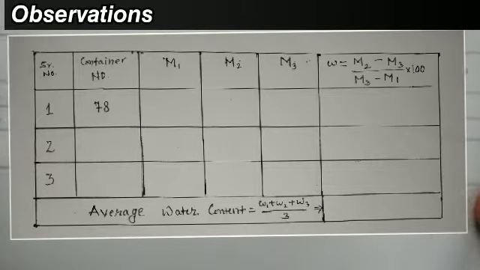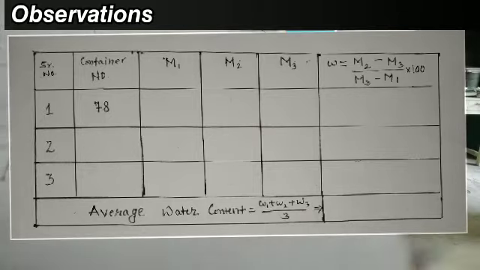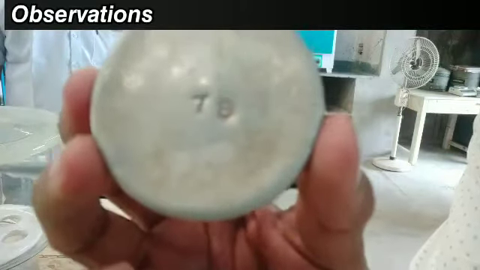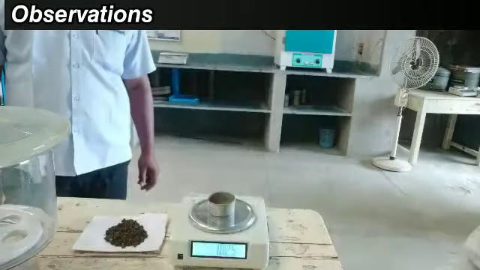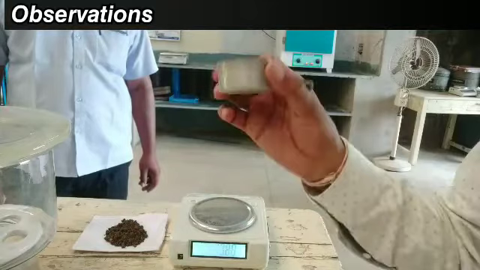Here I have already recorded the container numbers which are available in the laboratory. First is number 78, and the container number is depicted either on the lid or on the container.